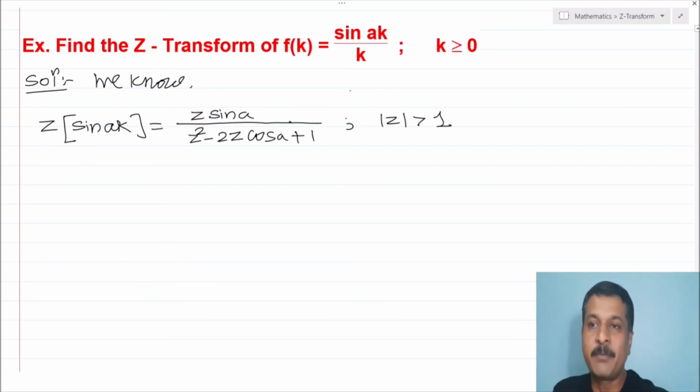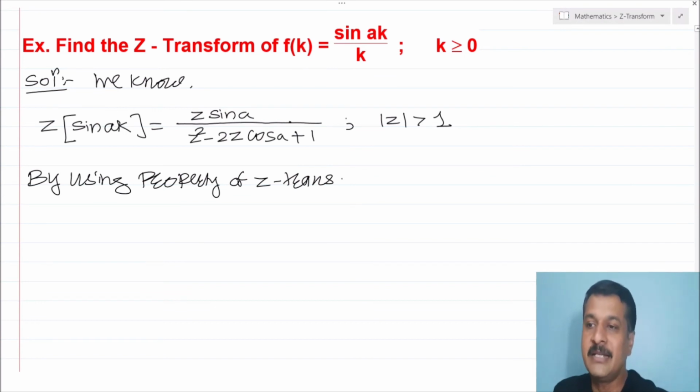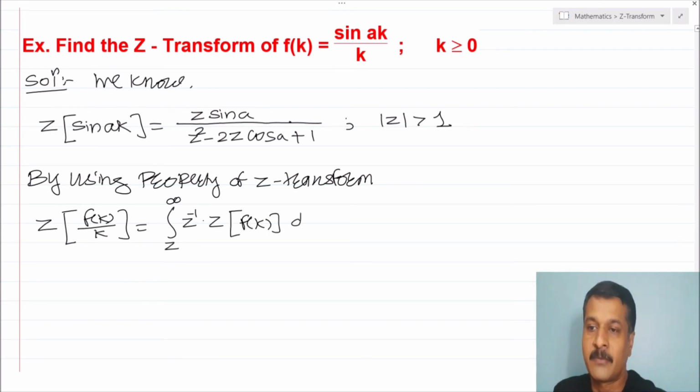Now using the property f of k by k, z transform of f of k by k equal to integration z to infinity z inverse into z transform of f of k into dz. As we consider z transform of f of k is f of z, so I am getting integration z to infinity z inverse into f of z dz.